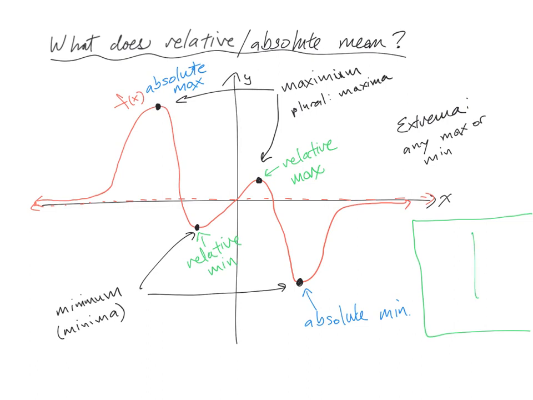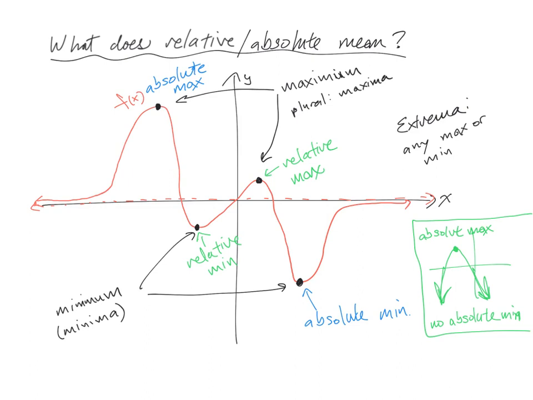Now, way over here in this little corner on the bottom right side, absolute max and relative max and min can get kind of weird. So for example, any parabola will have an absolute one or the other, max or min, but it will not have the other. So for example, this particular function, at the vertex here, there's an absolute maximum, but there is no absolute minimum because the function just keeps going down in both directions.